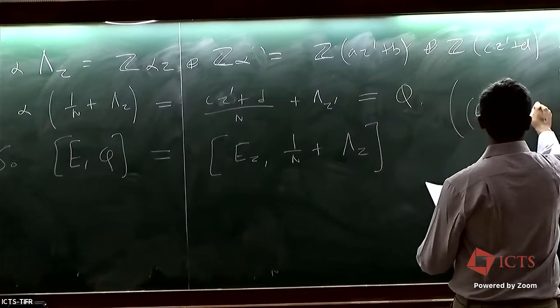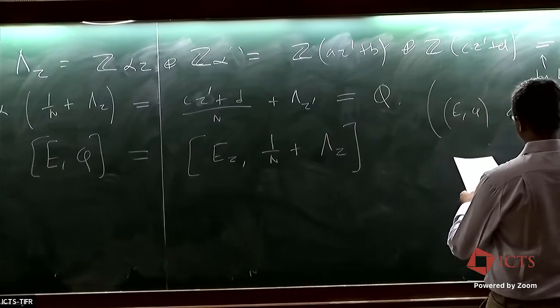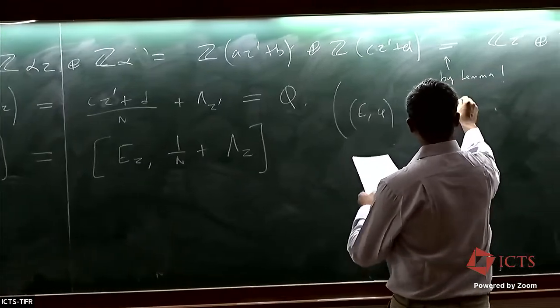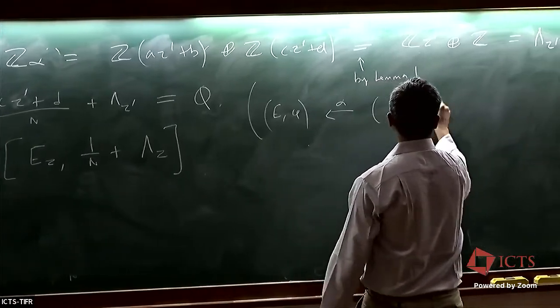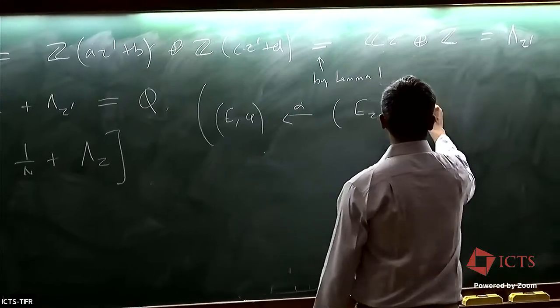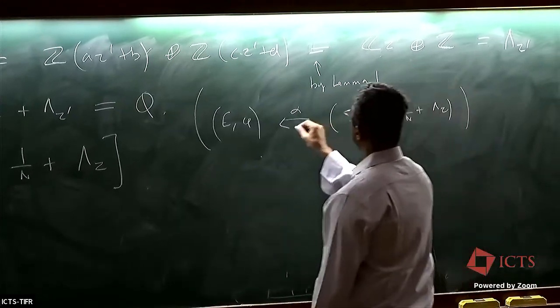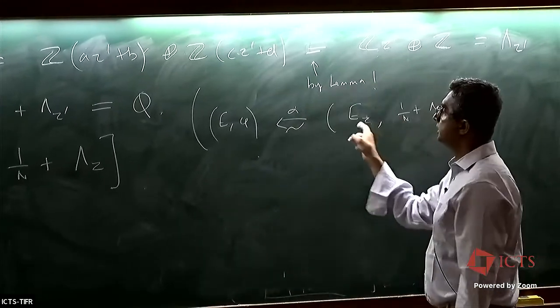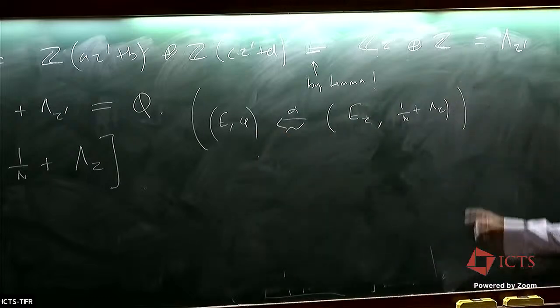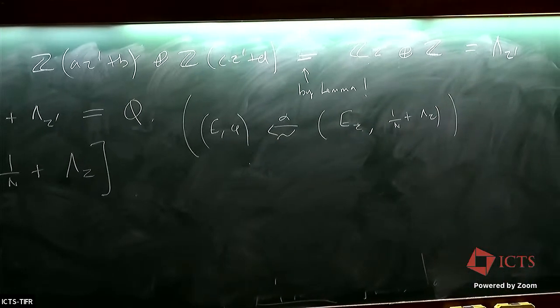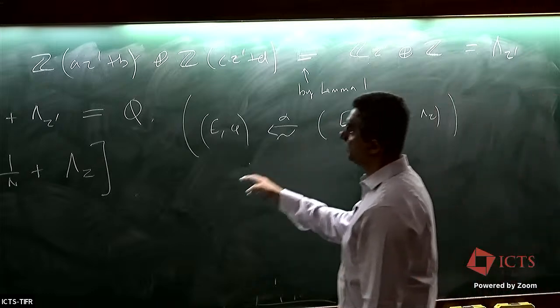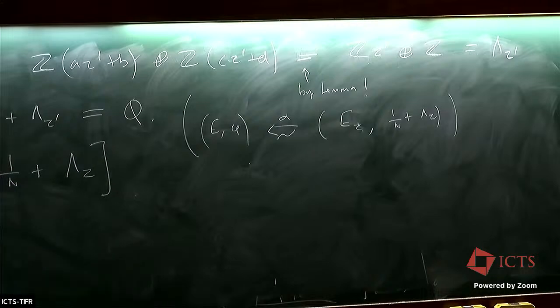Multiplication by alpha takes E tau to E tau prime, and this point 1 over n goes to C tau prime plus D over n. So these are isomorphic, and therefore their square brackets are the same.